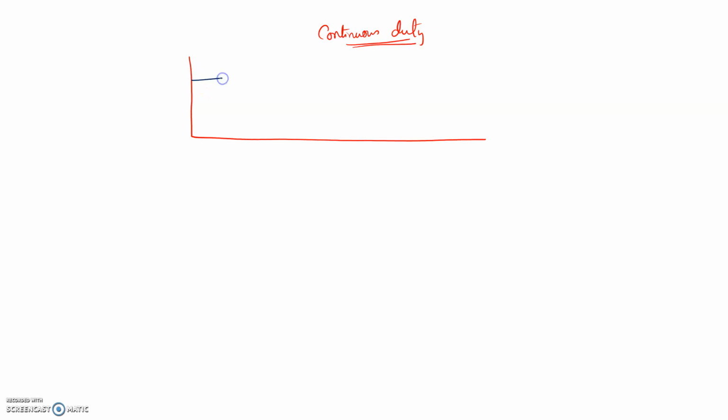The motor is run, let us say this side is current, and this one is the time. It has certain variations like this and like this, then this one, then this. Let us take a very simple one like this.